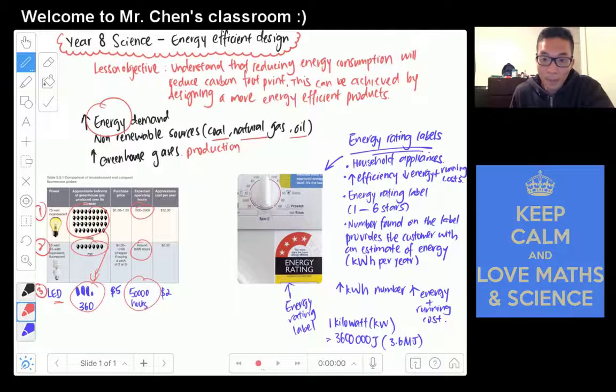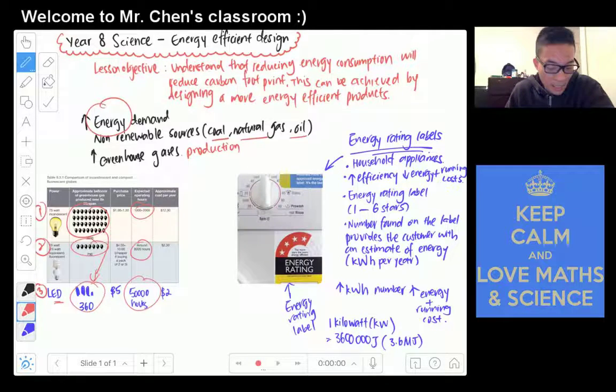Another plus side is it literally costs a fraction of what you have with an incandescent light, which is $12.30 per year. Like running electricity-wise, not the cost of the light bulb itself. And LED only costs about $2.